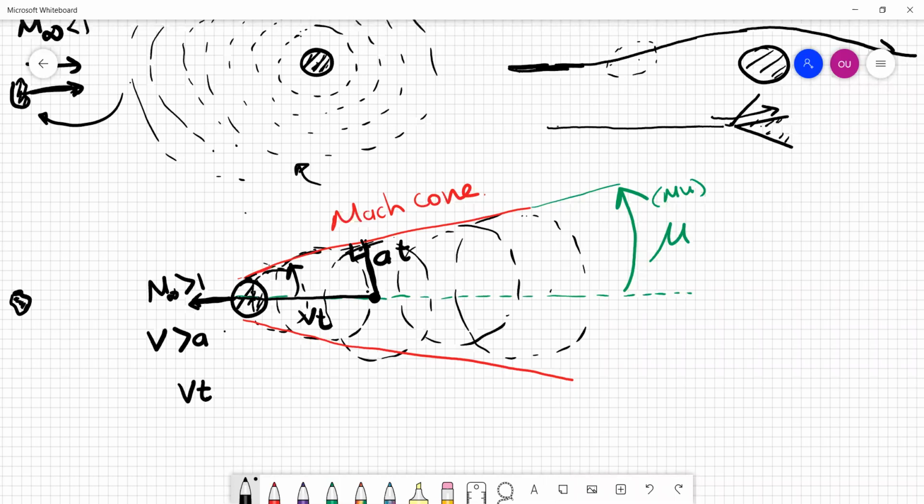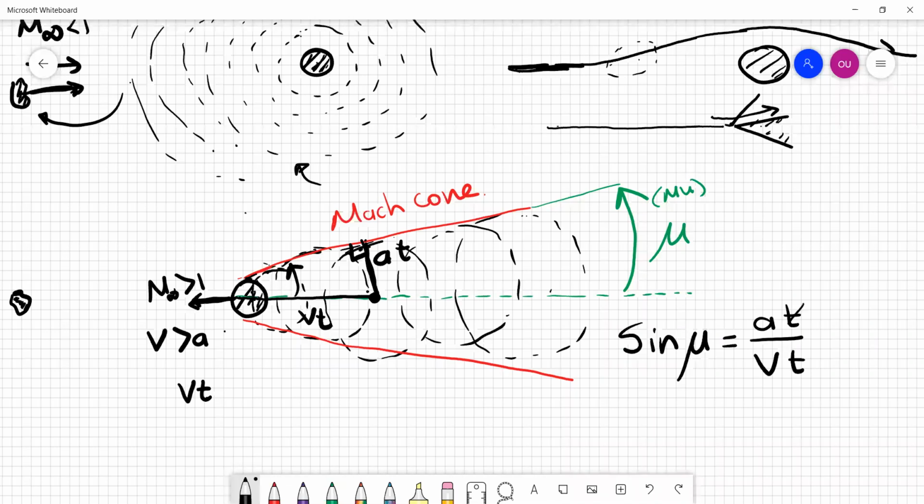So you can see that this angle can be calculated if you know the v and a. From this geometry, from this triangle here, the Mach angle sine mu is equal to a times t divided by v times t, in the same amount of time.